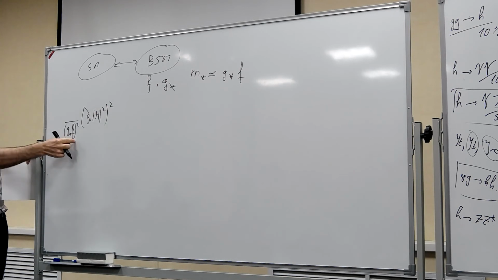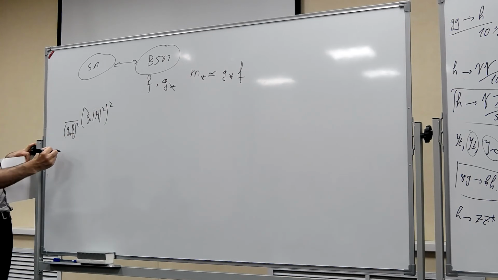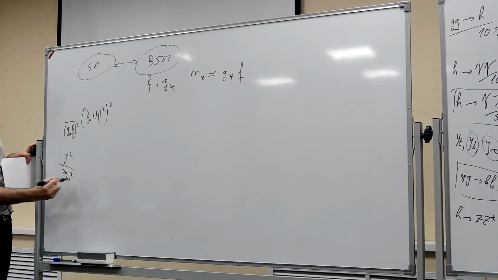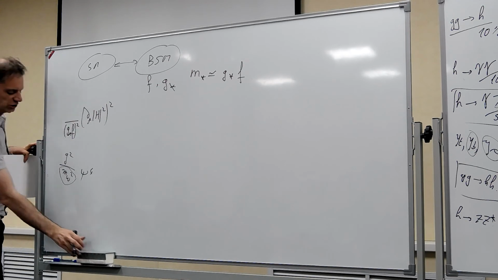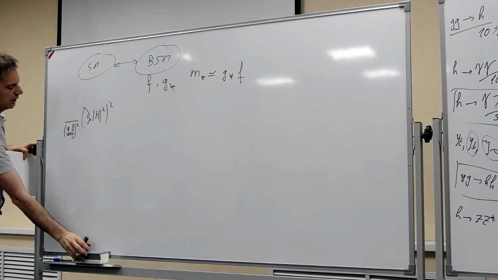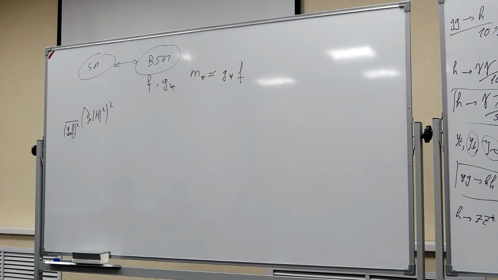The fermion has dimension 3 over 2 as a mass dimension, the h is equal to 1, and the gauge field has dimension 1, the scaling dimension that Gleb was telling you about yesterday. So here you have dimension 4, the Yukawa interaction in the standard model, and then 3 over 2 is 3, it's 4, 5, 6, right? So you have to suppress by g star as a mass scale.